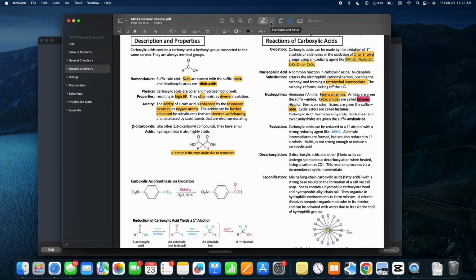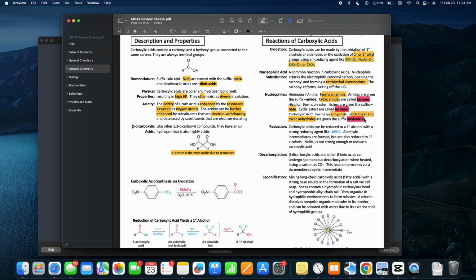Not to be mistaken with lactates or lactose, right? This is lactone. And carboxylic acid forms an anhydride, and both linear and cyclic anhydrides are given the suffix anhydride. Same thing, right? Both linear and cyclic anhydrides are anhydride. Okay.